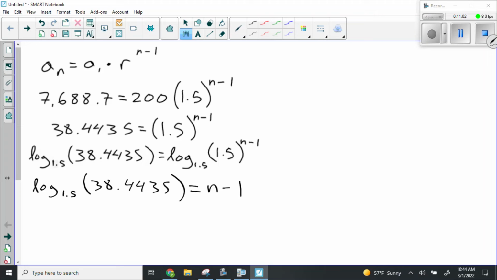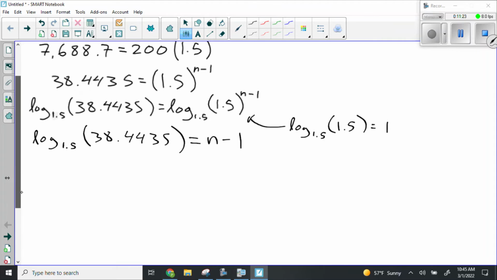And then remember, log base 1.5 of 1.5 is 1. That's why I chose log base 1.5, because I want that thing to go away, right? It basically goes away. I only have one more step to do. Log base 1.5 of 38.4435 plus 1, right? I just got to add 1 to both sides.